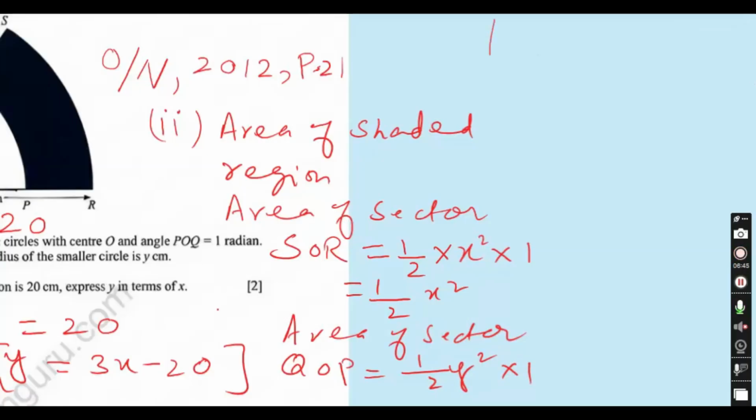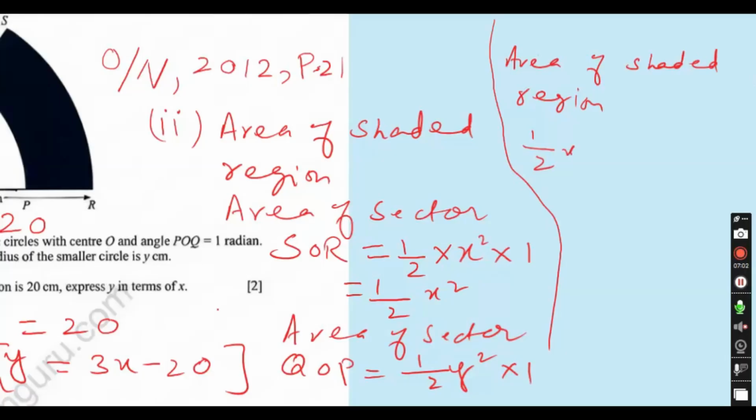Therefore, the area of shaded region is the area of the whole diagram, which is 1 upon 2 x square, minus the area of the unshaded part, that is 1 upon 2 y square, is equal to what is given in the question?